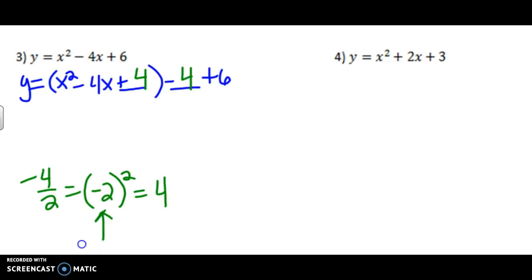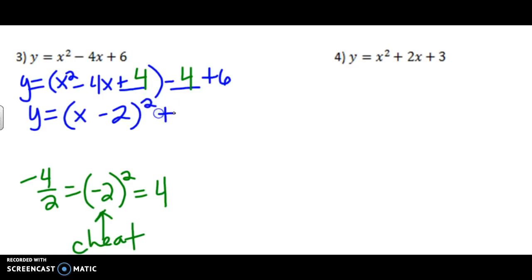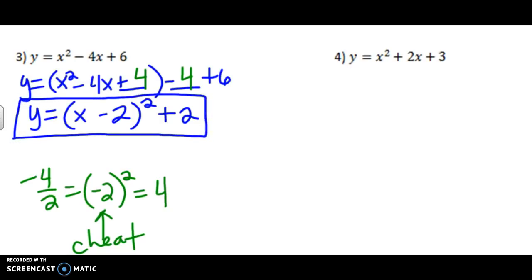Don't forget, the number before you square it, that's your cheat number for factoring. So then we can write it in its factored form, x minus 2, there's your cheat number. Don't forget your squared. And then plus 2 when you add your outside. And that is your vertex form.